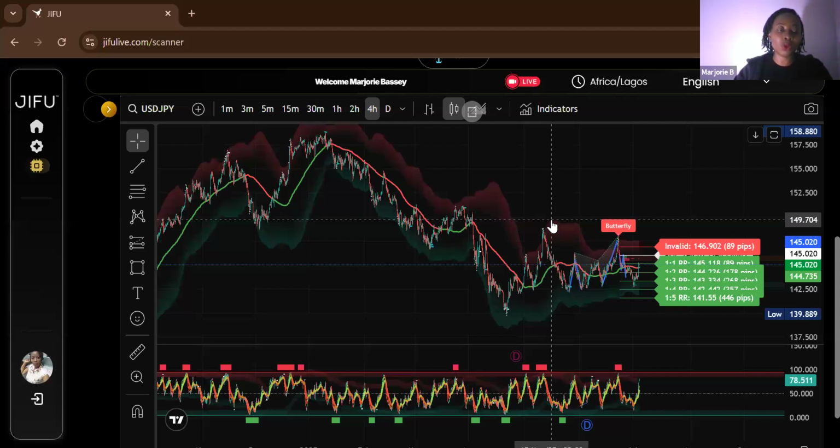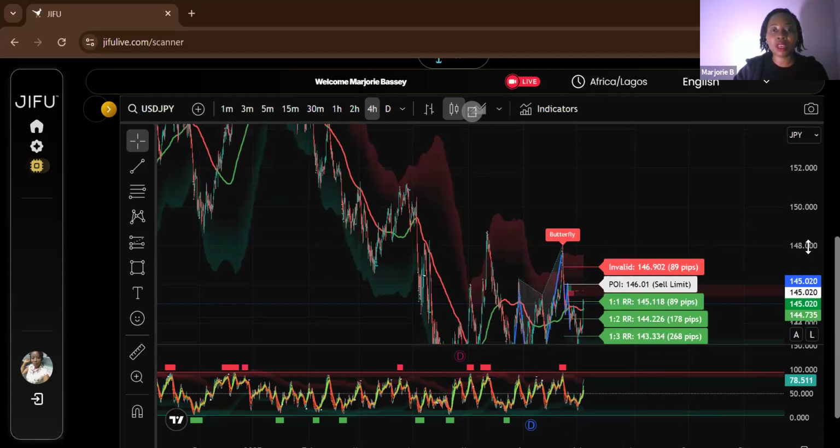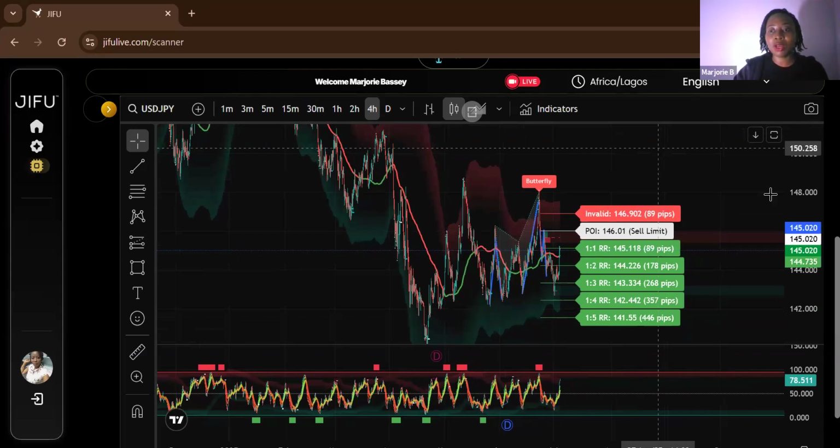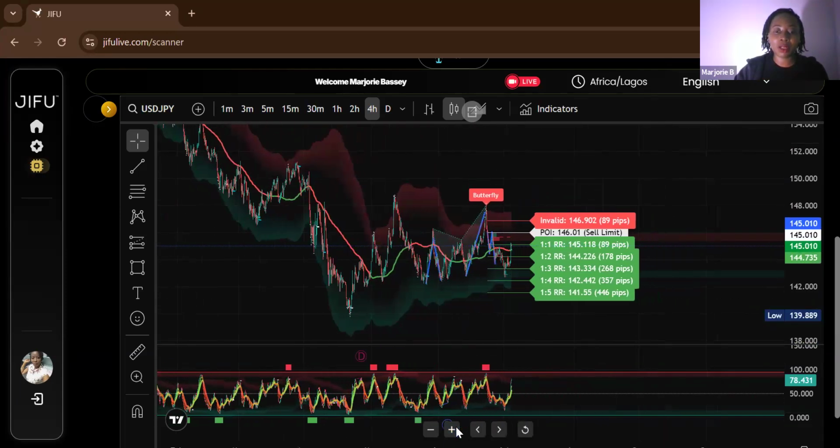It was also built into the scanner, and the strategy behind Smartmonics ensures that a trade idea is generated on the extreme highs of this VWAPs band for a sell, and a buy idea is generated at the extreme low of this VWAPs. Let me expand it back.